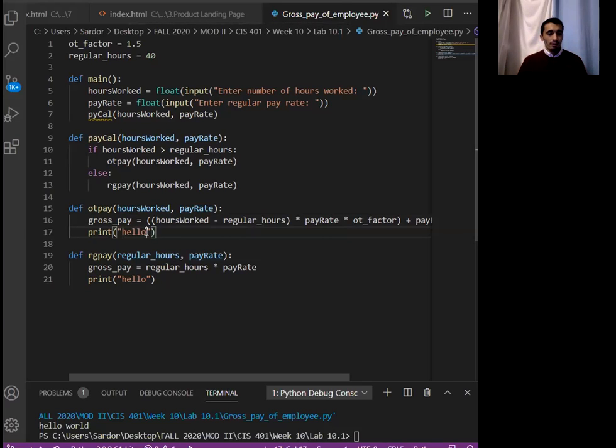What do we do? As I said, we go back to OTPay and we write, you have worked, now. We do that because we will bring back one of the functions where we are calling on one of the functions within the print.